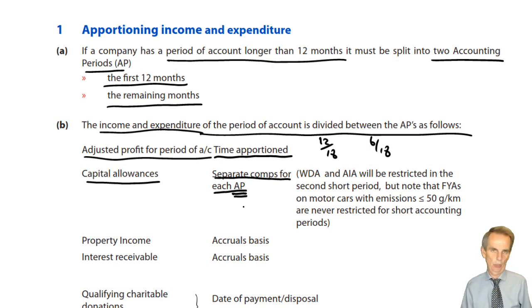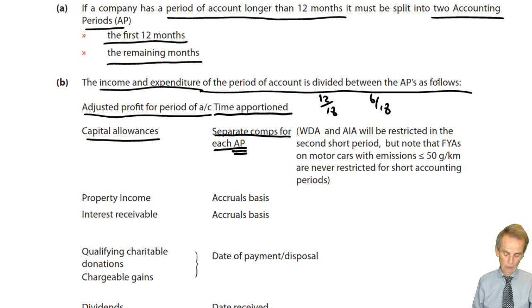Doesn't matter how long the accounting period may be, for first year allowance purposes, if you bought a low emission car in whether it was a 12-month or a 6-month or a 3-month or whatever period it might be, you get the full 100% first year allowance. It is never time apportioned. Again, all rules that we know, or should know, that is, might I say, from Chapter 5. Okay, so we do two separate cap allowance computations.